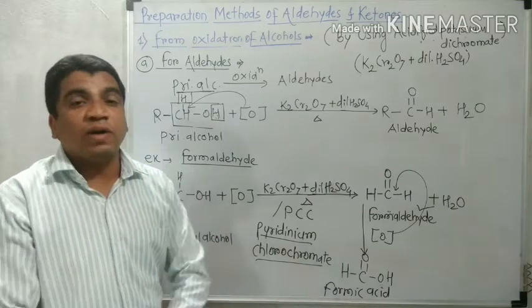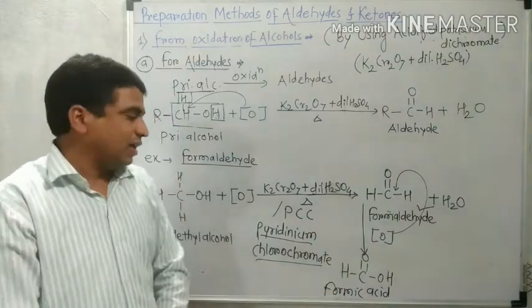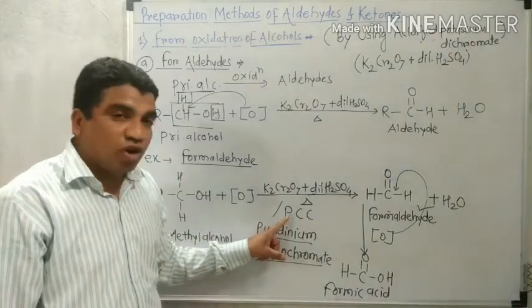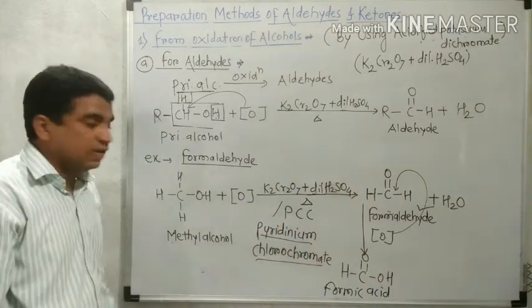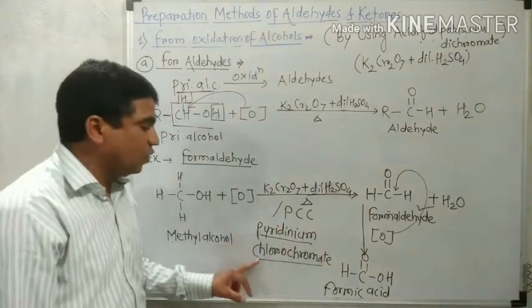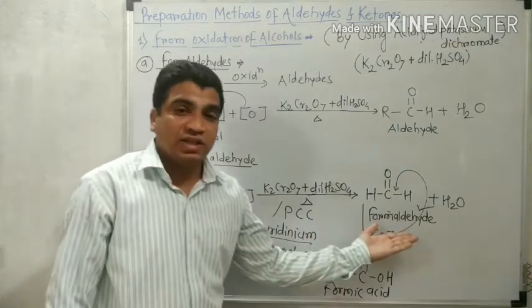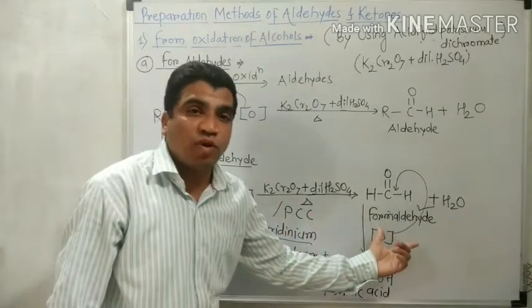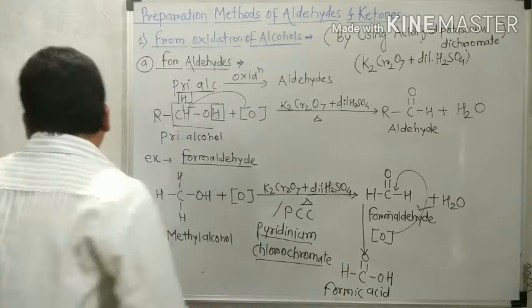If you want formaldehyde only, if you don't want formic acid, then take another option of oxidizing agent. The short form is PCC, and the long form is pyridinium chlorochromate. That can stop the reaction at the stage of only the aldehyde, which in this case means at the stage of formaldehyde. Formaldehyde does not further oxidize into formic acid.